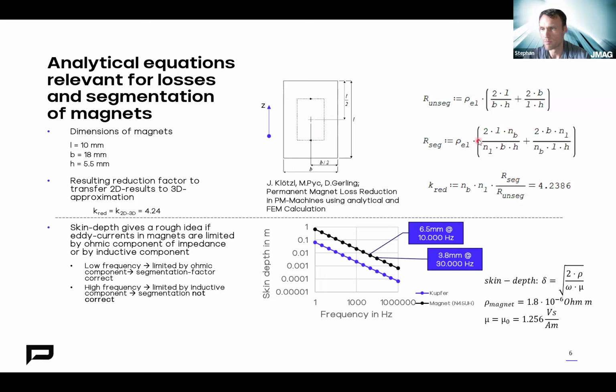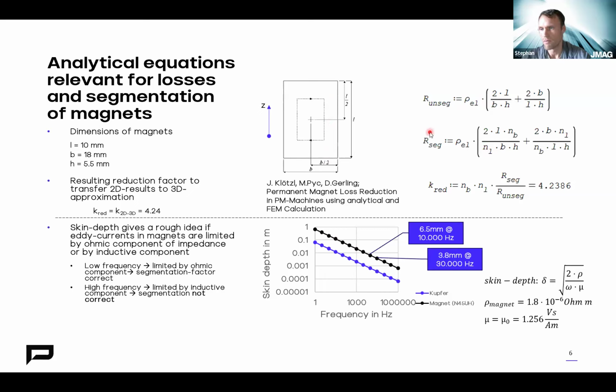And for the segmented model, we see this equation. It's basically the same, but now we have the number of segmentations included. NB represents the number of segments in the B direction, and NL represents the number of segments in the length direction, so usually the axial direction.